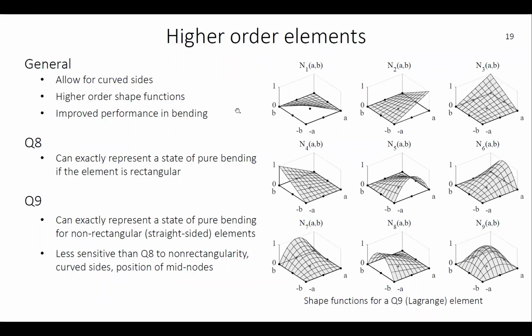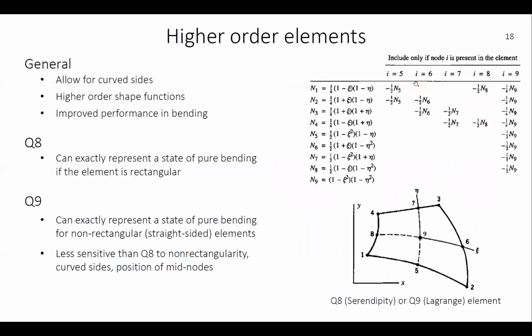So again, this could be plotted easily, say in MATLAB or other software. So we have from before the 4 bilinear shape functions, now slightly modified with respect to the higher order elements. So we have these components. So shape function 1 is also including shape function 5 and 8 in different components.